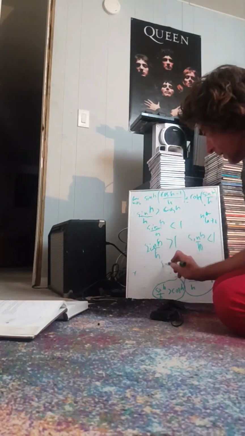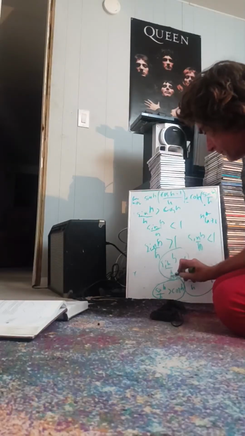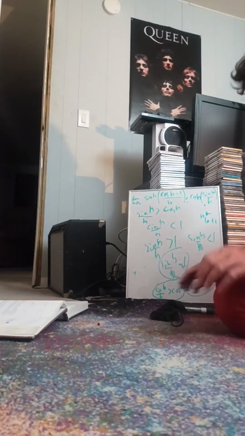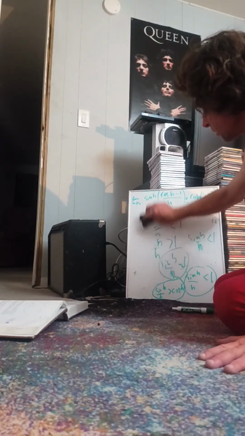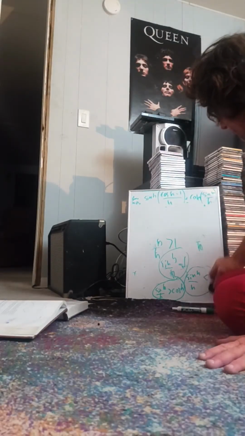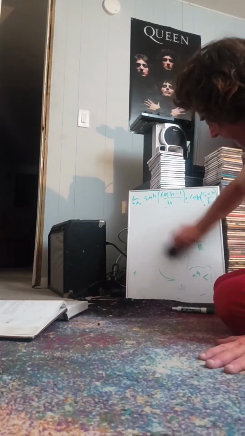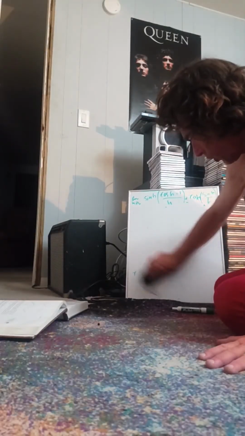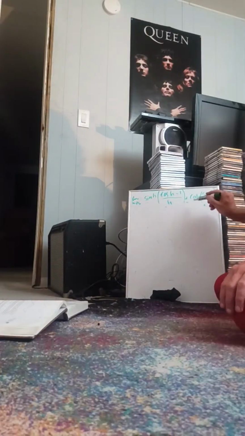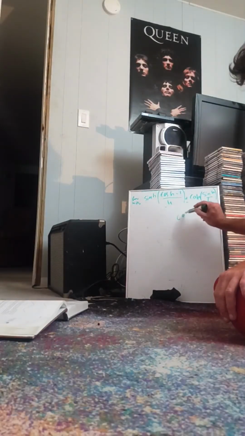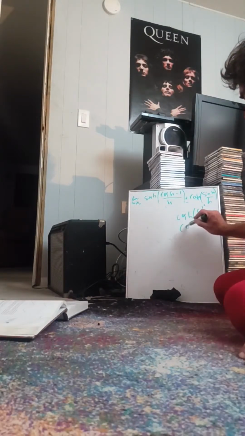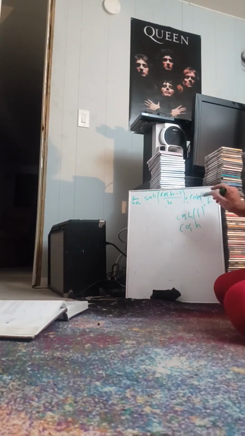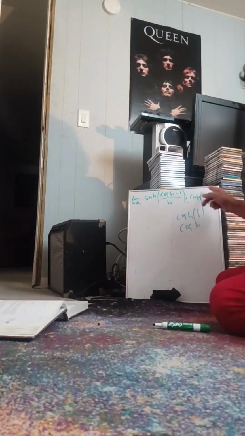So sine h over h equals 1. Why do we care? Because if sine h over h is equal to 1, then this little contraption here, cosine h times 1, is just equal to cosine h.